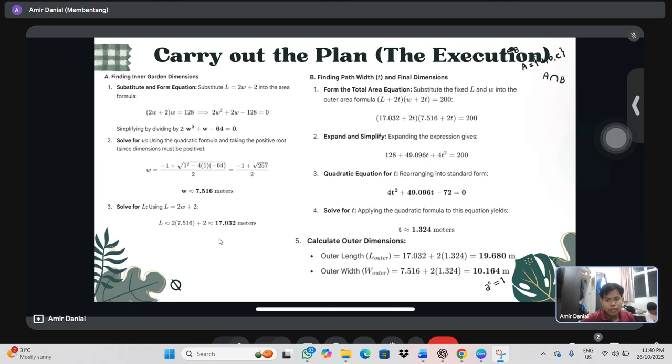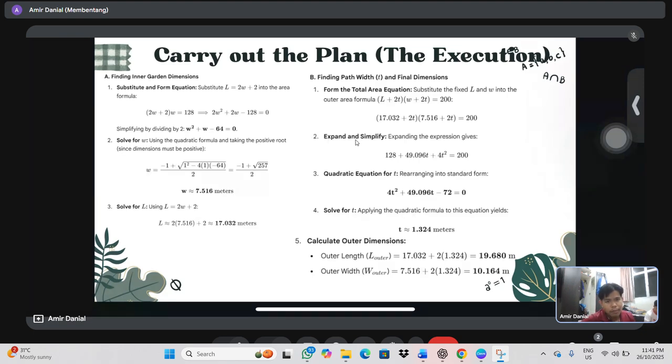So we have got L is 17.032, so we just put this value into the formula. So we got 17.032 plus 2T multiply 7.516 plus 2T is equal to 200.